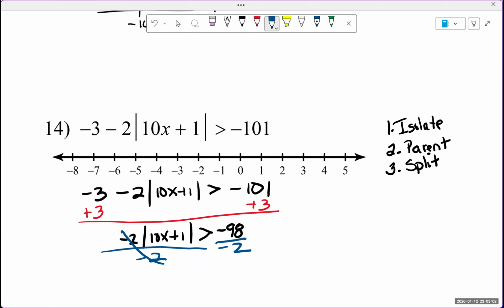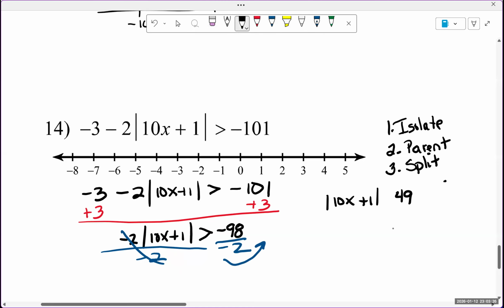And whenever you divide by a negative, you're going to switch the sign. Positive 49. And switch the sign.